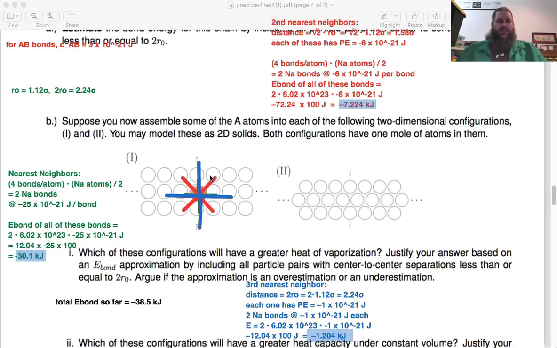So ultimately what we would say is the bond energy of this entire mole of atoms would be -38.5 kilojoules, which means you'd have to add 38.5 kilojoules to do what? What would happen if you take this cluster of atoms and add 38.5 kilojoules of energy?